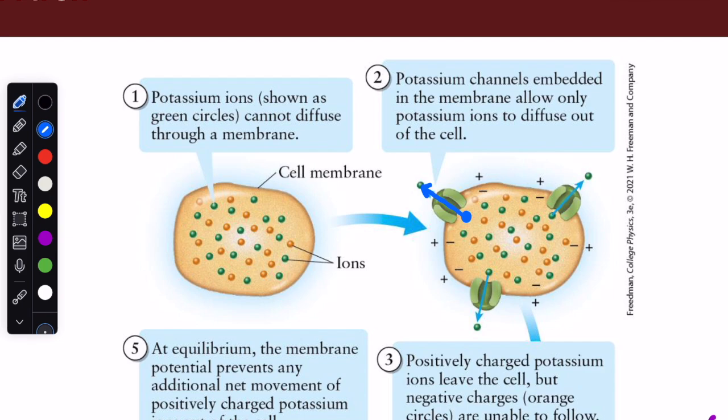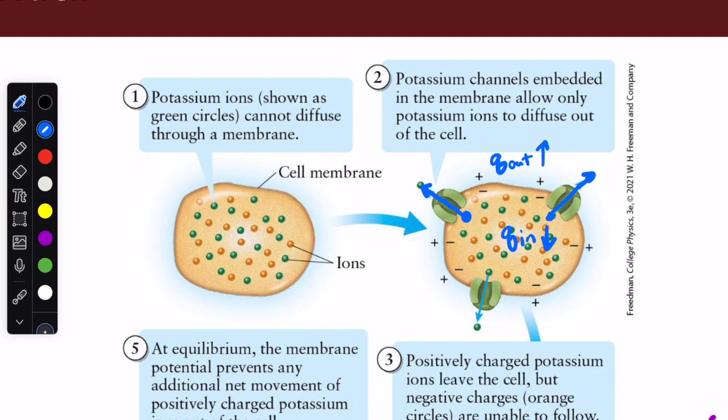When they pass through, we change how much charge is in the cell, and how much charge is outside the cell. As more potassium ions flow out, we decrease the charge inside the cell and increase the charge outside the cell.